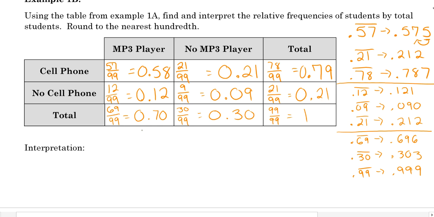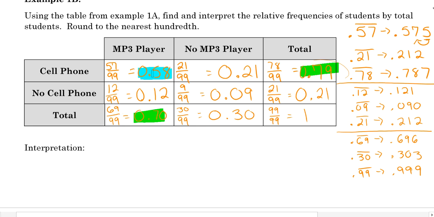I can make comparative statements of more students own a cell phone than own an MP3 player. So that would be comparing the 79 right here to the 70 here. I could also say that more than half of the students own both devices.